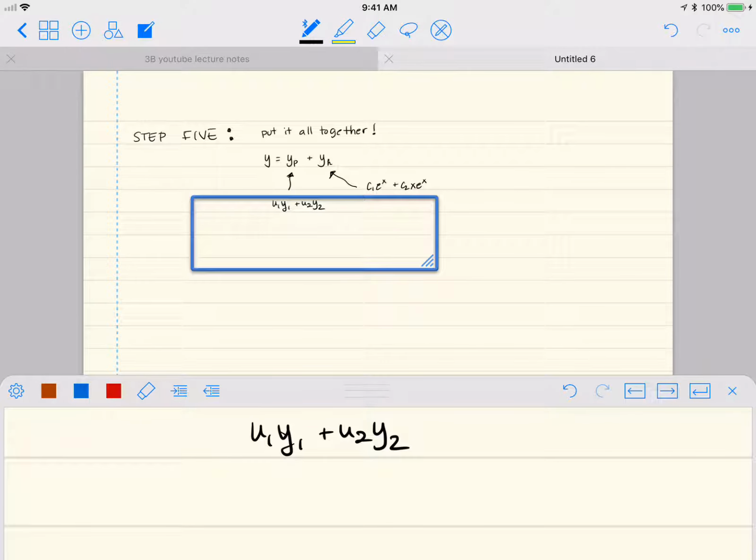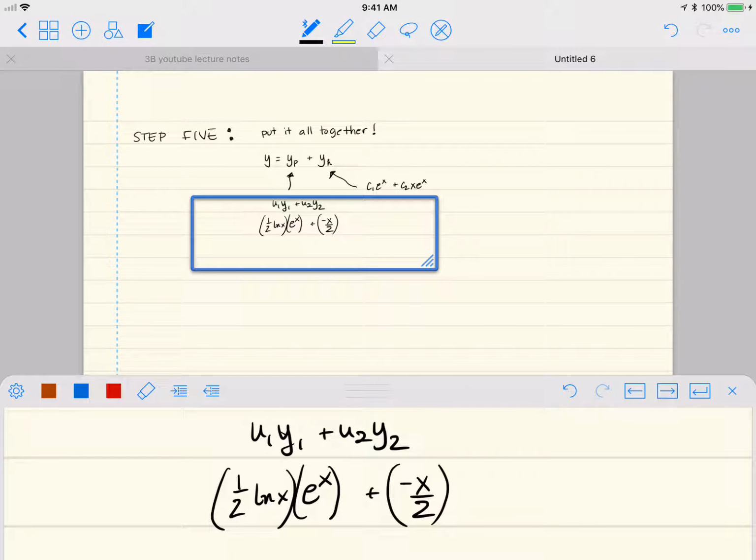But now we figured out that u1 is 1/2 natural log of x. y1 is e to the x. u2 is negative x over 2. y2 is x e to the x.